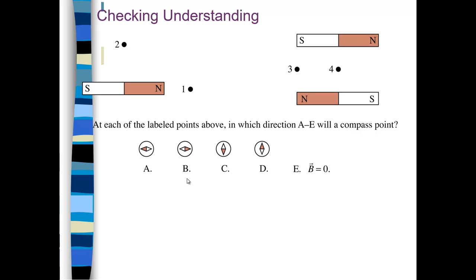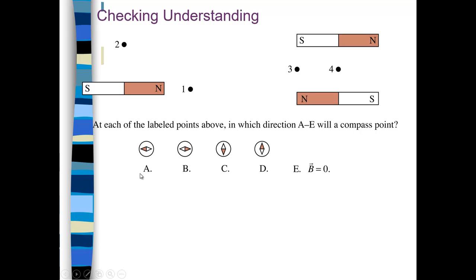Okay, so let's just look at understanding. So let's say we have this magnet over here that is north and south, and we have a magnet here that's north and south, here south and north. And we want to see, at each of the labeled points, in which direction the compass will point.